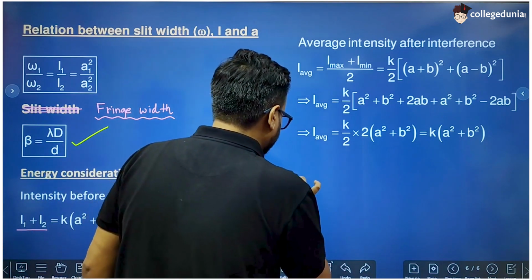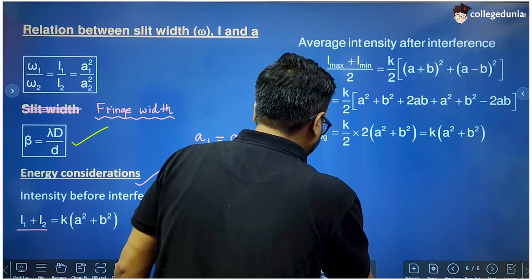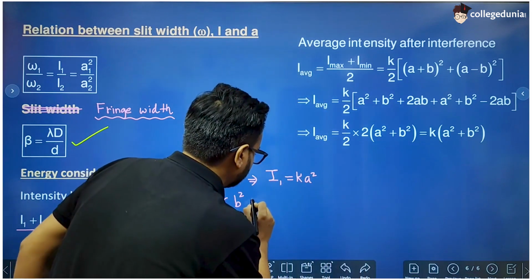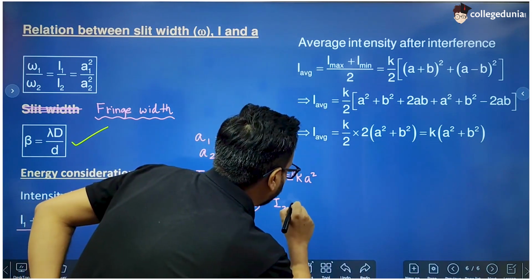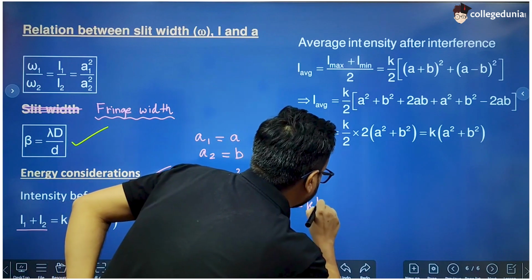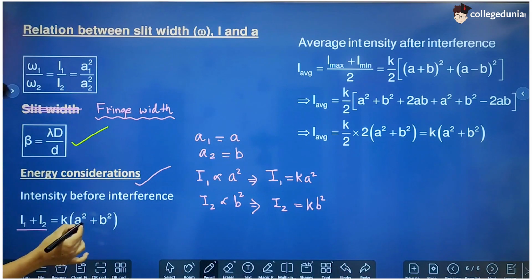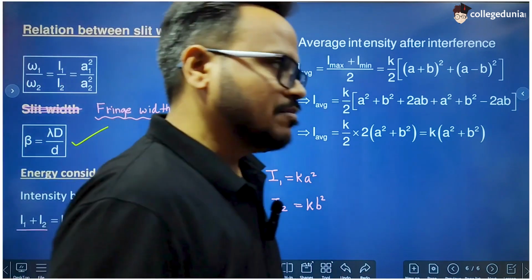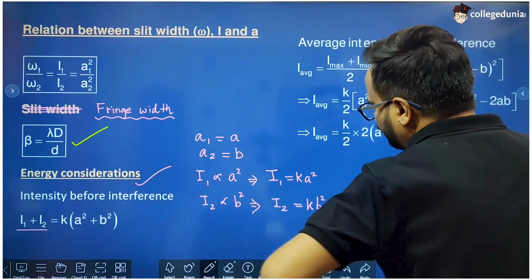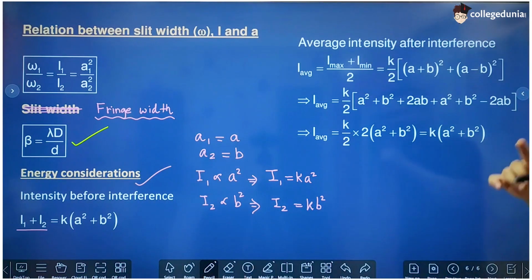So I1 is K A square and I2 is K B square. So I1 plus I2 is K into A square plus B square. So this was the intensity before the interference of the light.